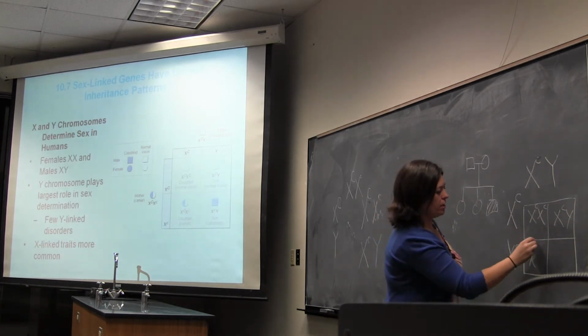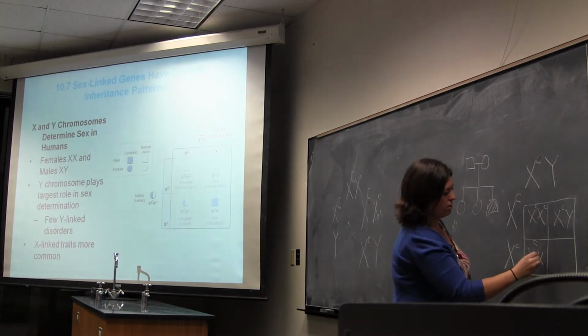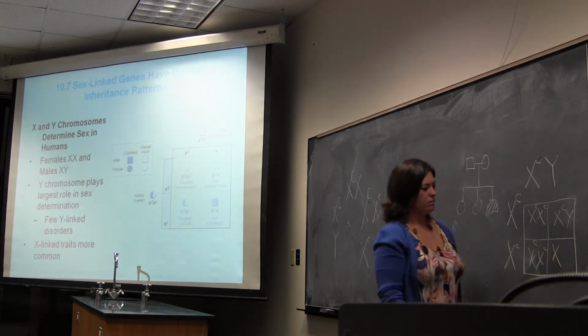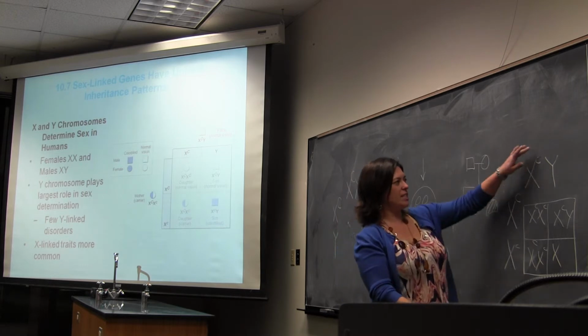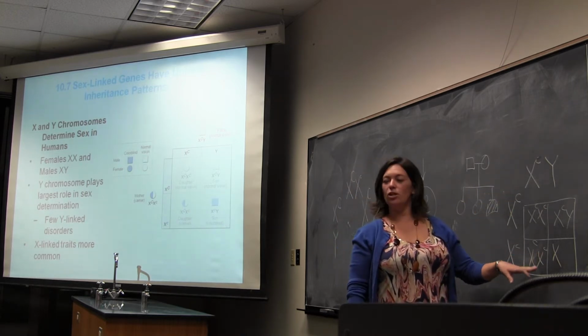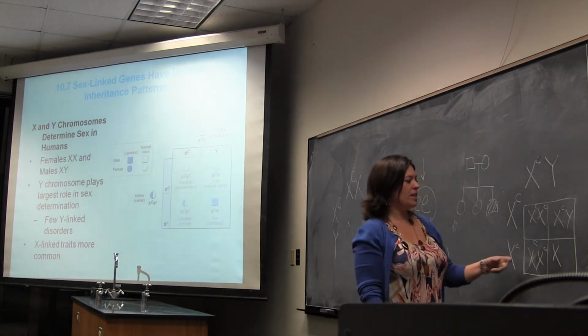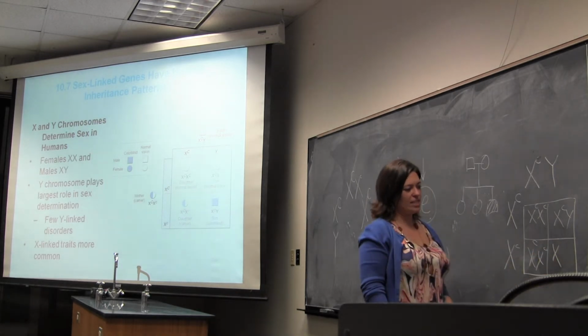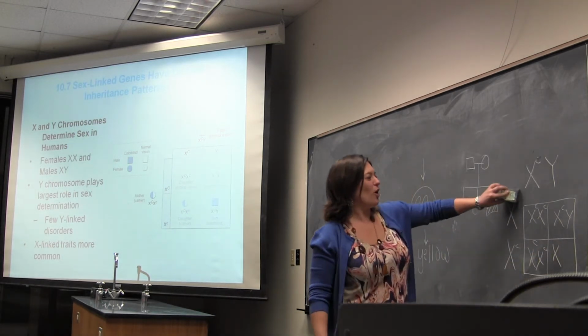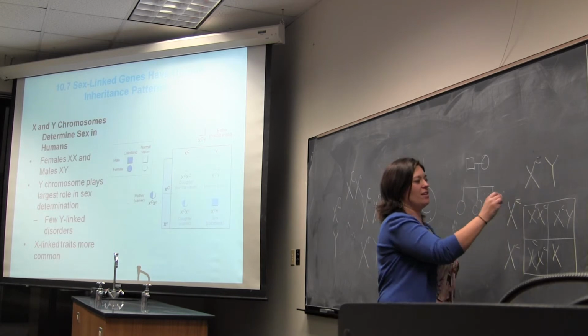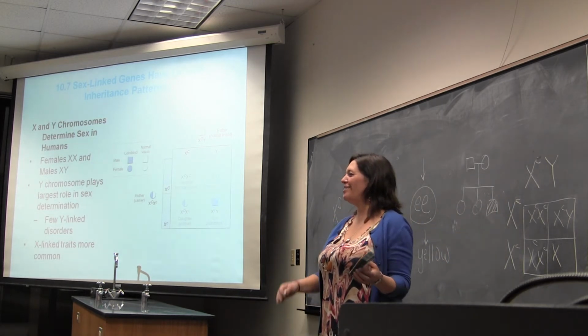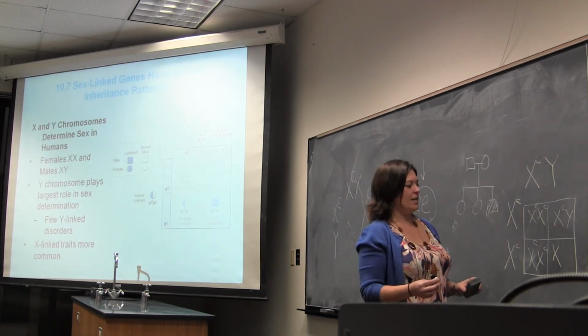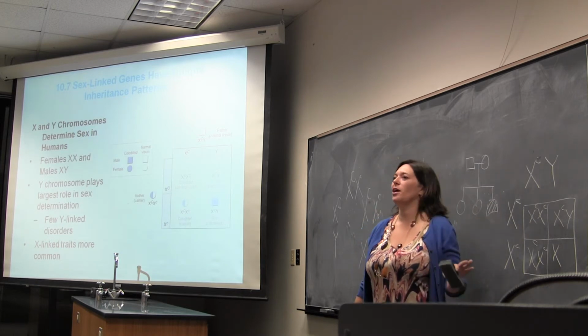This guy would be normal. That's a big C, that's a little c, so he'd still be heterozygous. But then that's another male. So the only way this can happen is if colorblind marries colorblind, then you're definitely going to end up with all colorblind.